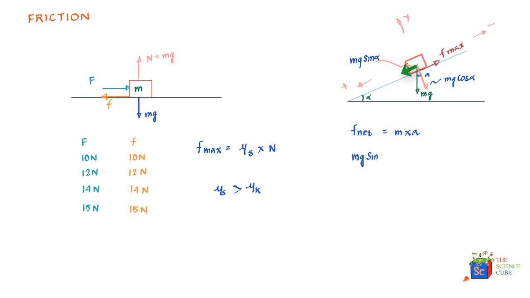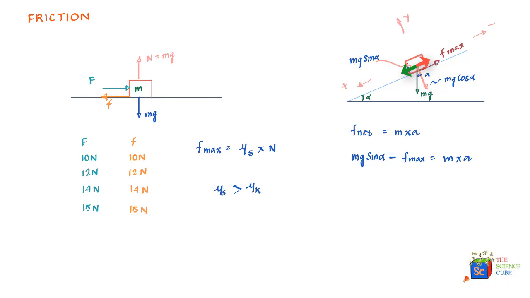The other force is the force of friction, which is acting in the opposite direction. Let's therefore write it as negative F max, and this should equal mass into acceleration.